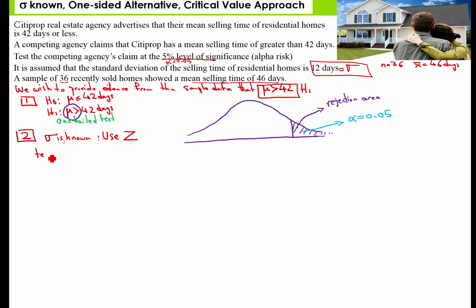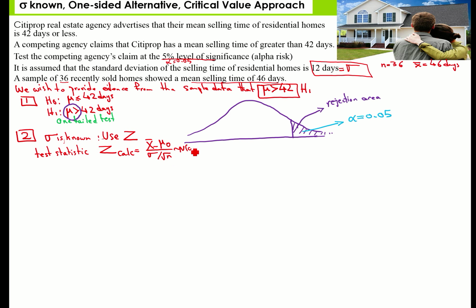So here the test statistic is the Z calculated, x bar minus mu 0 over sigma over square root of n.